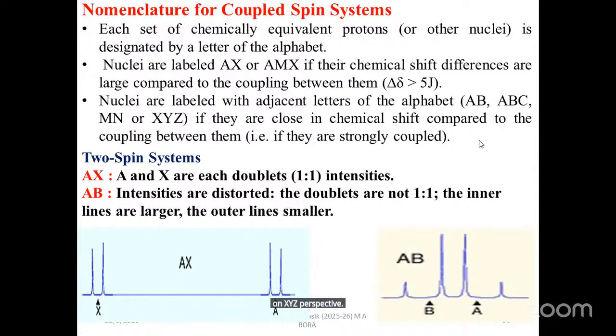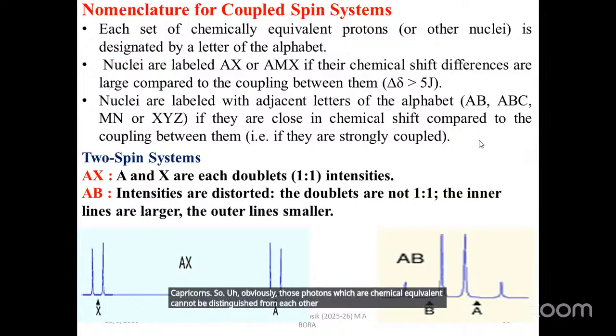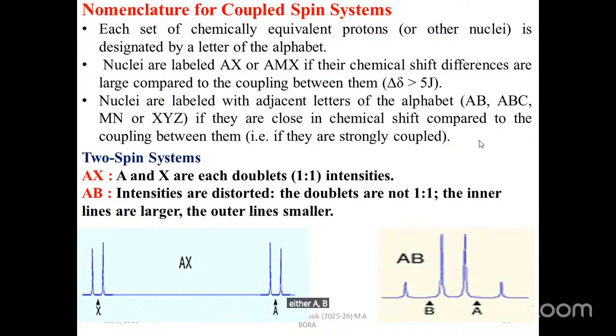So, what is this nomenclature system for coupled protons? Obviously, those protons which are chemically equivalent cannot be distinguished from each other, so they will be designated by the same alphabet, either A, B, or X, or M, N, something like that.